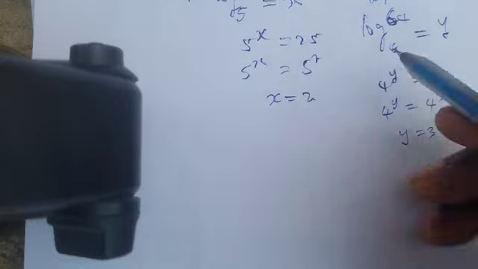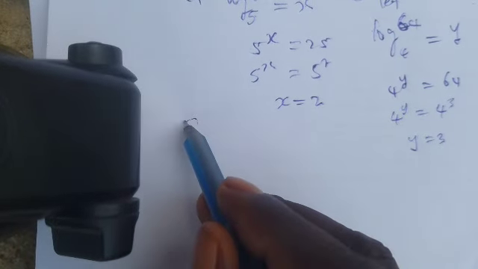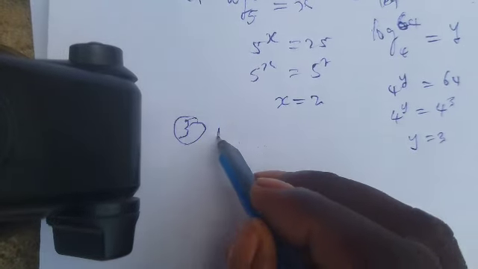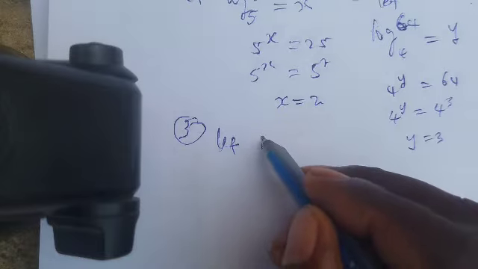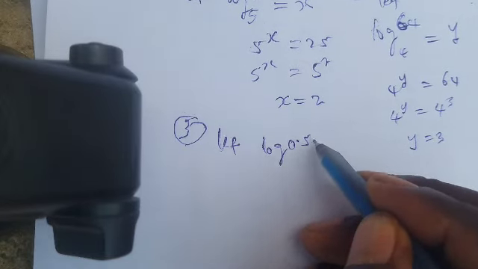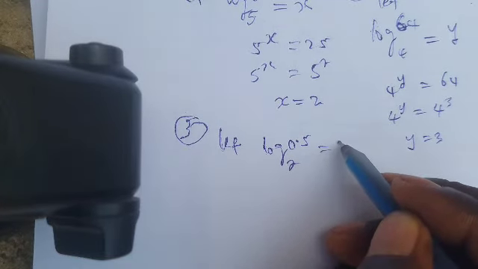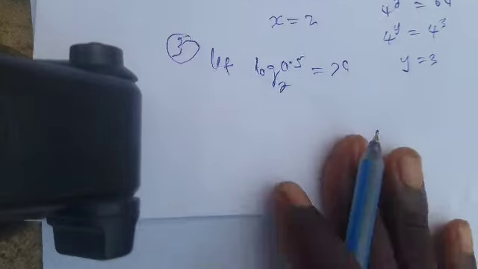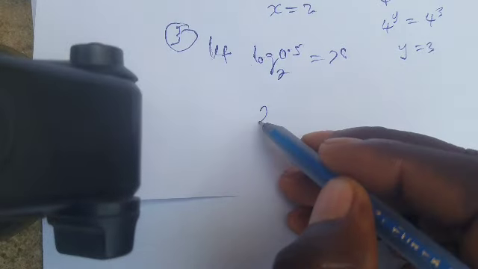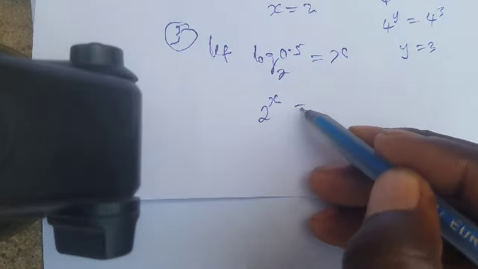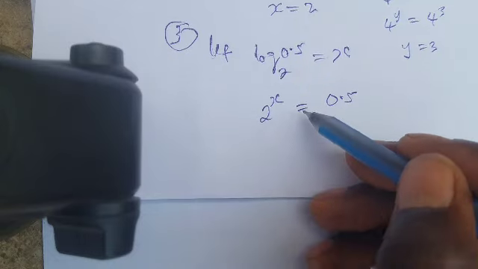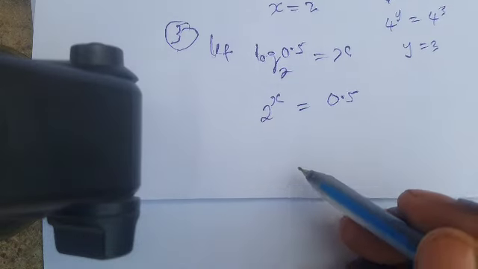Then when we move to number 3, we also let log 0.5 base 2 be equal to x. If that's the case, we allow the x to come here as power.